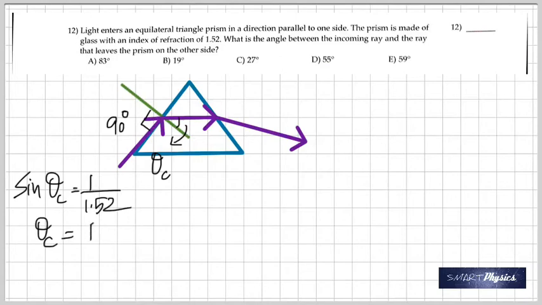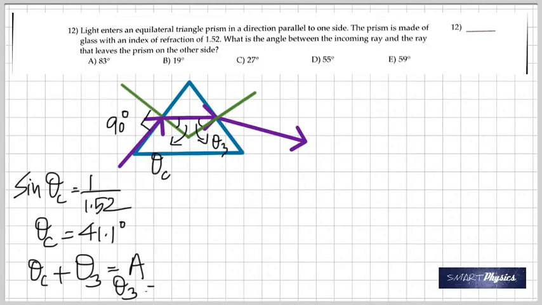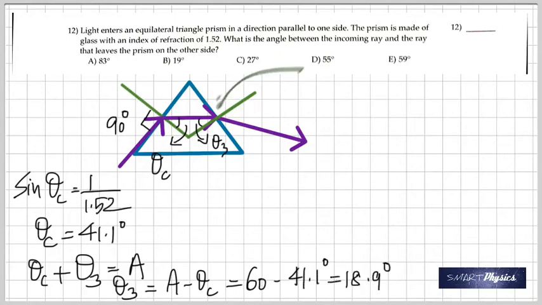And once you get theta C, you know that theta C plus theta 3 is the angle of the prism. Therefore you can find theta 3. It's an equilateral prism, so it's 60 degrees, of course. You get 18.9.